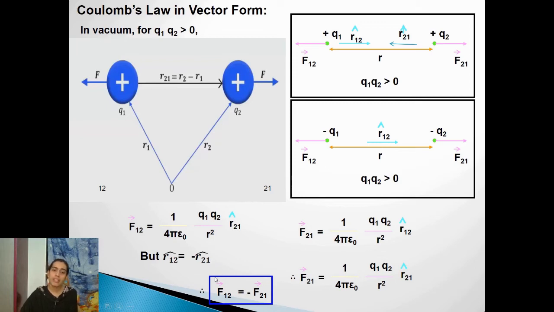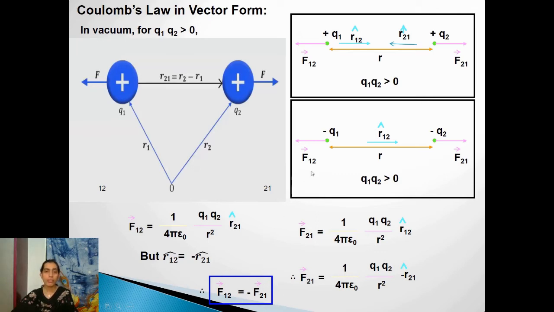If you analyze this equation, these electrostatic forces agree with Newton's third law of motion. According to Newton's third law, for every action there is an equal and opposite reaction. So that statement agrees here with the electrostatic force, right?